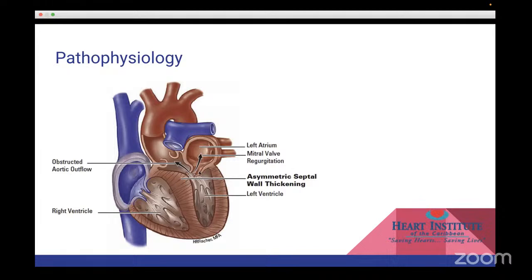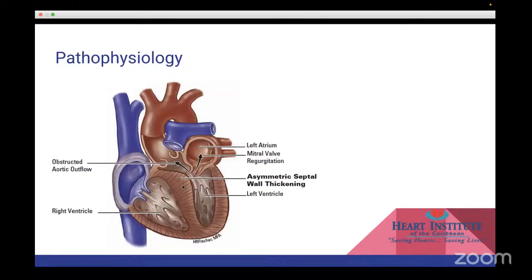The mitral valve is drawn up, like in this diagram, towards the septum because of low pressure that occurs as blood is ejected at a high velocity through the narrowed outflow tract, and this is called the Venturi effect. The interventricular septum thickens and pulls the mitral valve closer to it, and this also results in mitral regurgitation. So just going over that part briefly. Basically, this part of the mitral valve is pulled inward towards the interventricular septum.